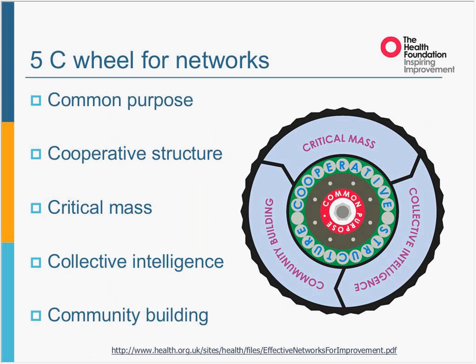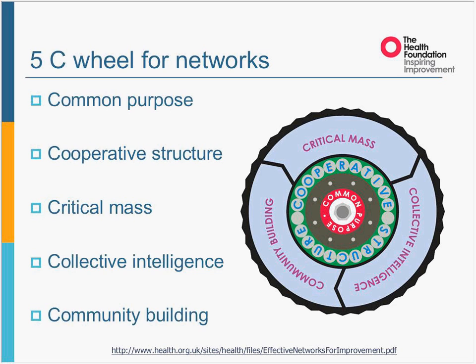The Health Foundation book gives three key things for networks, and I'm going to refer back to what Brian did in the beginning. He gave us a demonstration of this network that we are on at the moment. It's critical mass. That's the third point down there. There are more and more people joining the network because it's a common purpose of learning.